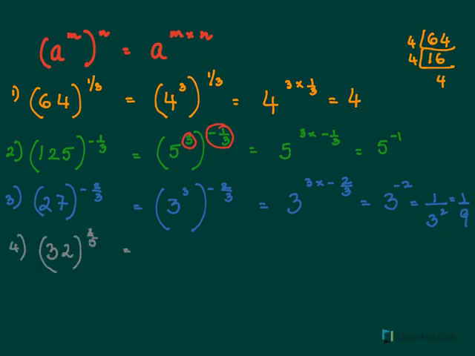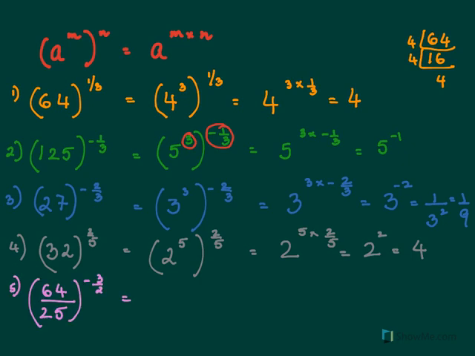We take the other one up, 32 raised to 2 by 5, and 32 is 2 raised to 5. And the outer is 2 by 5, so 2 raised to 5 into 2 by 5, 2 raised to 2, which is 4.